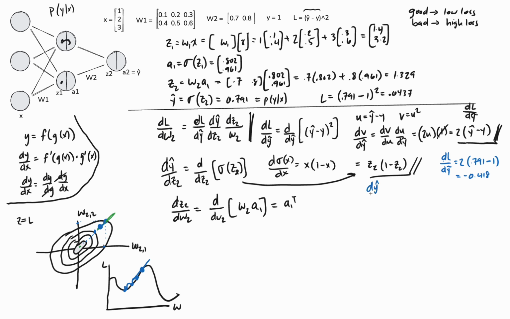So d y hat divided by d z2 is equal to z2, which we know to be 1.329 times 1 minus 1.329, which equals 0.329.